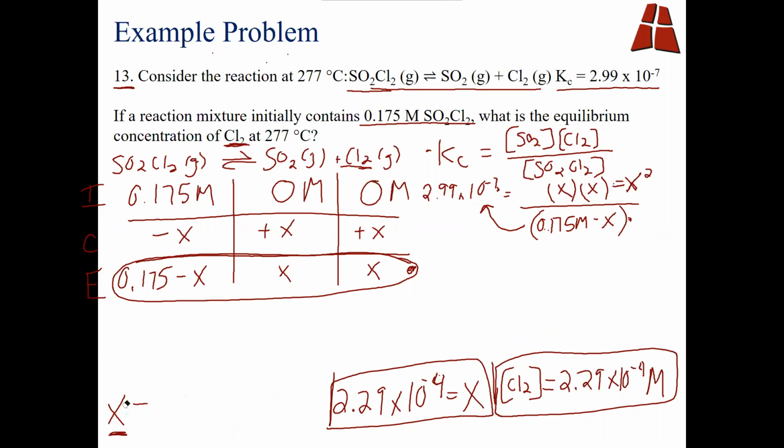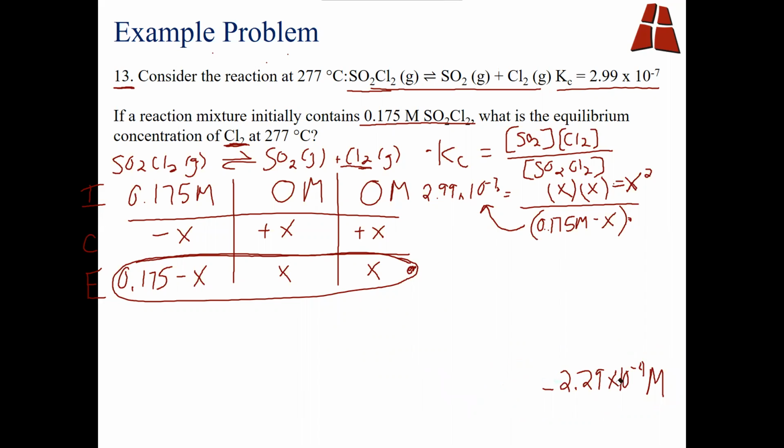All right, so if we still do the same thing, start with our ICE table, and then write out our equilibrium expression. Once we get to this point where we have our equilibrium expression being equal to our values here, and I'm going to change colors so that we can see where the shortcut method starts, we can make an assumption here that x is going to be a small value.